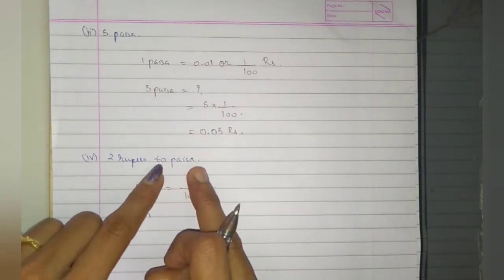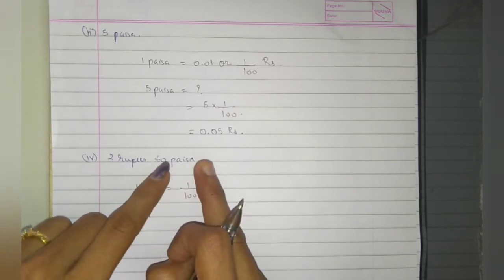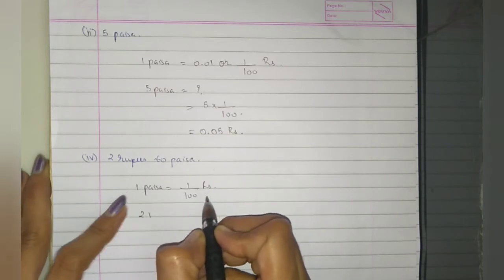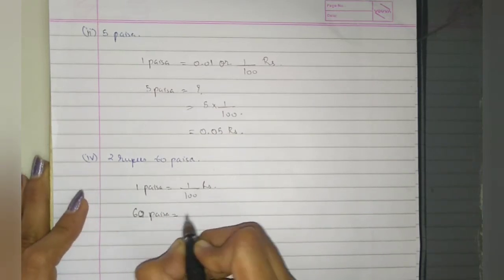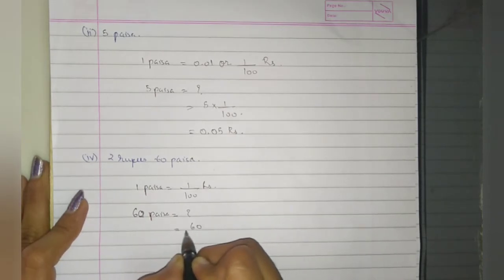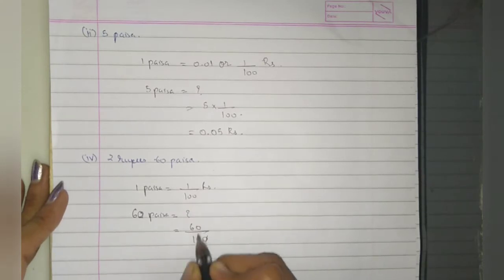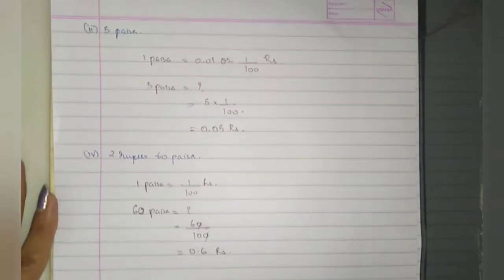Here's the fourth one, 2 rupees 60 paisa. Now here we have to convert paisa into rupees first. So we'll convert this 60 paisa. We know that 1 paisa equals 1 upon 100 rupees. So 60 paisa equals how much? Cross multiplication, 60 upon 100. 1 into 100 is 60 upon 100. 0 0 cancel. So 0.6 rupees.